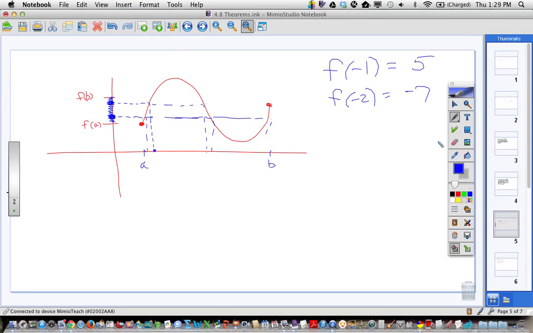This is not a continuous function. But does this function hit all the Y values between those two right there? Yeah, right? Here's f(a), here's f(b). Does it hit all the Y values in between there? Yes, it does, even though it's not a continuous function, okay?